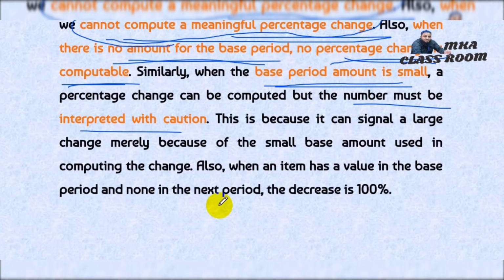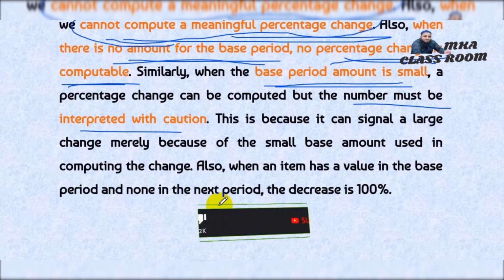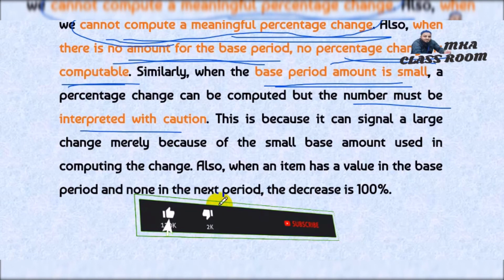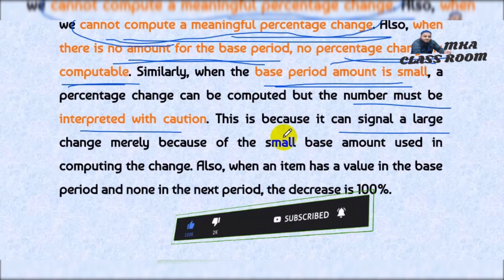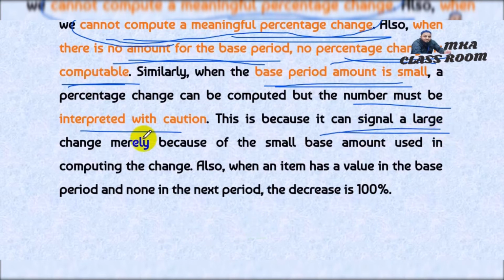This is because it can signal a large change merely because of a small base amount used in computing the change.